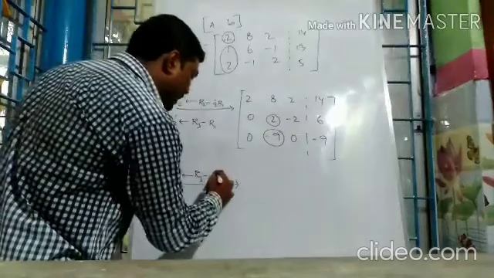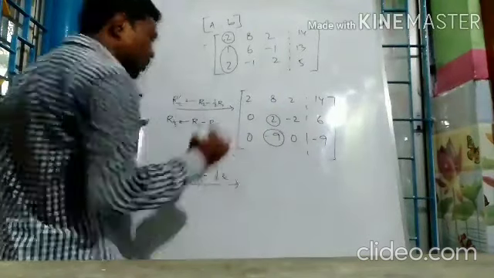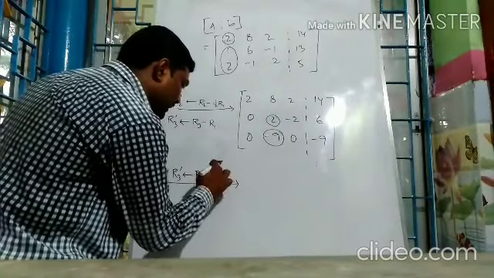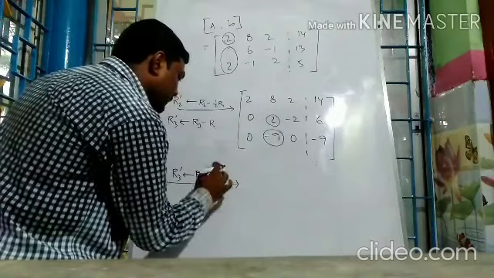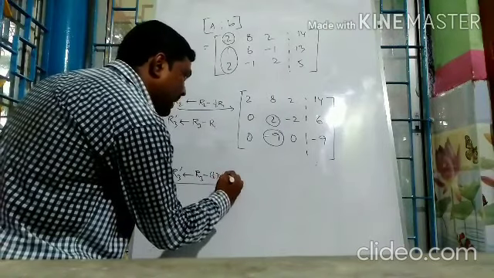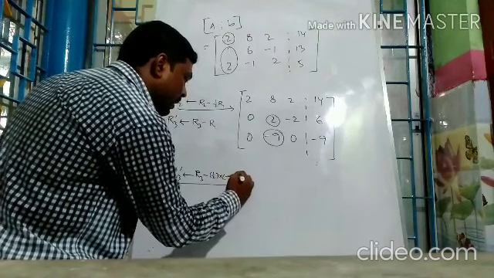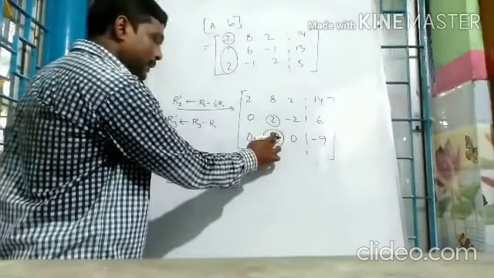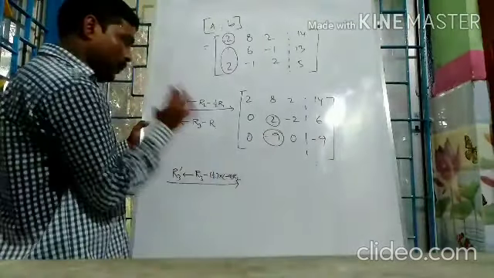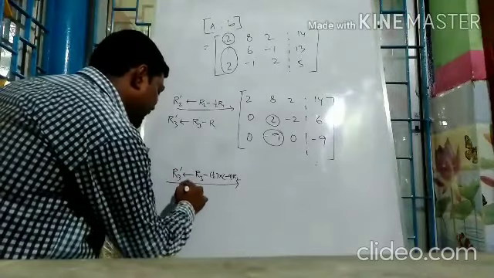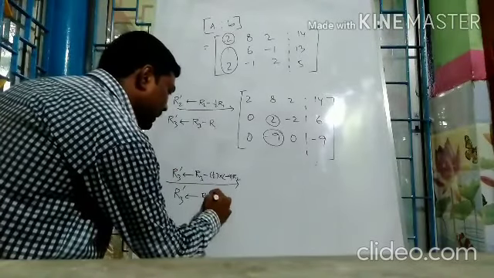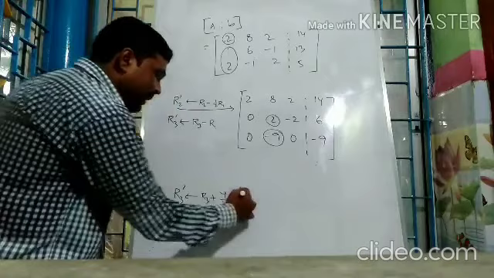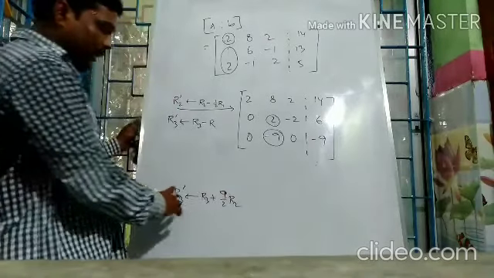So 1 by 2 R2, then multiply by minus 9, that is minus 9 by 2. So R3 prime is R3 plus 9 by 2 R2.